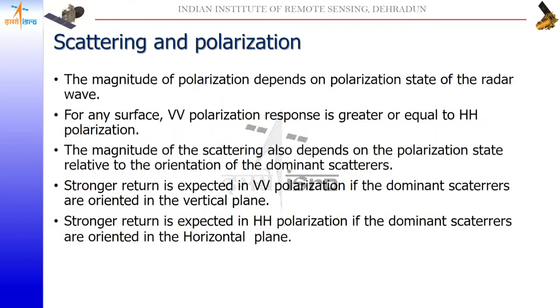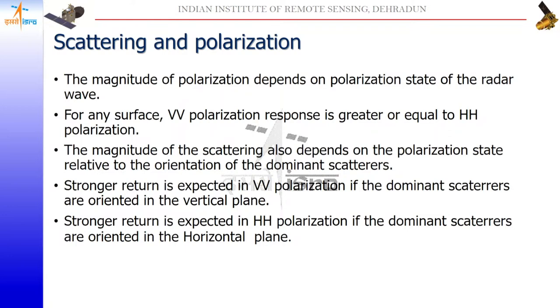In HH polarization, if the scatterer is along the horizontal plane, we see more backscatter, and if the scatterer is in the vertical position, we have more backscatter in VV polarization.